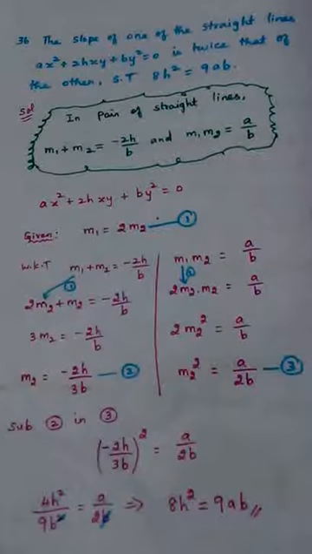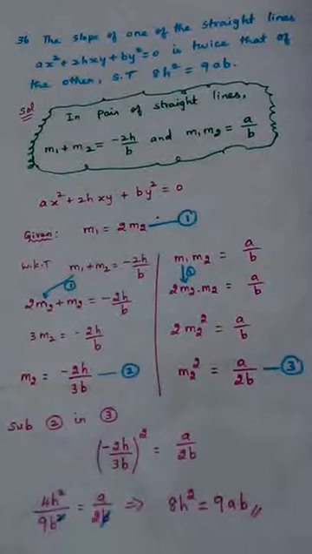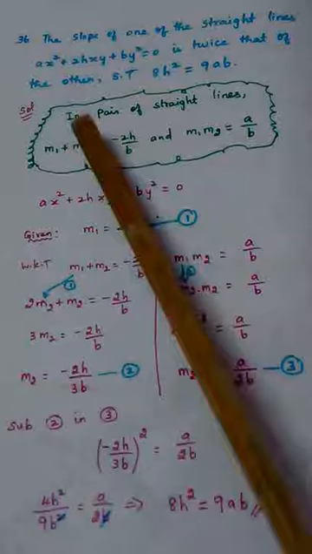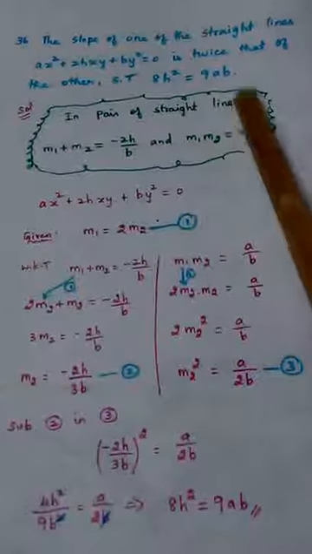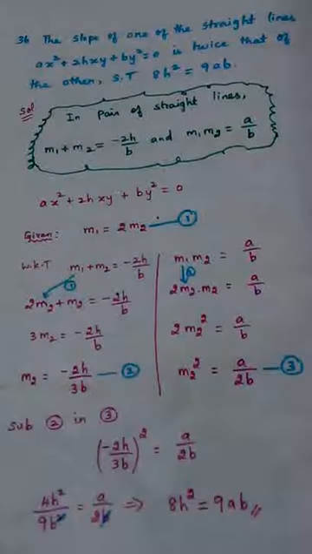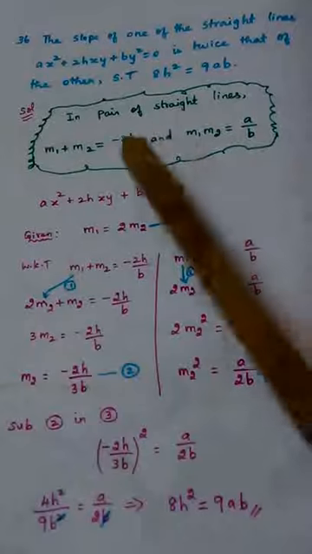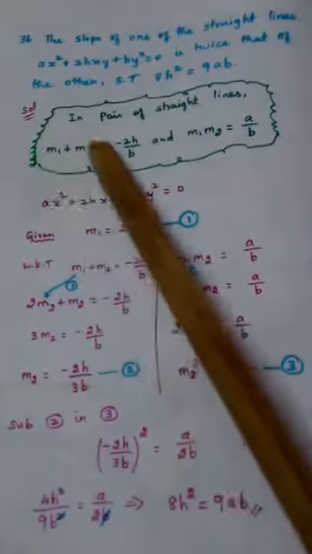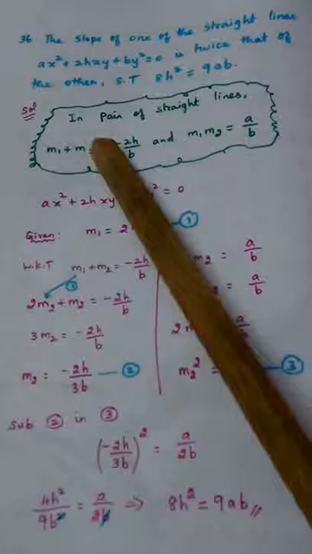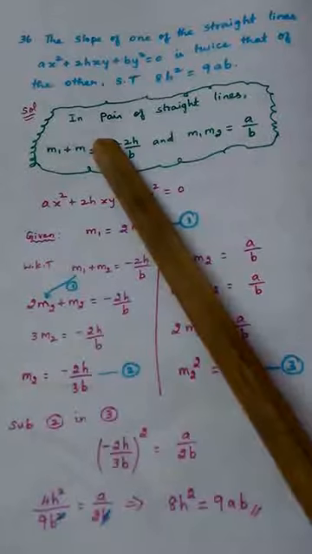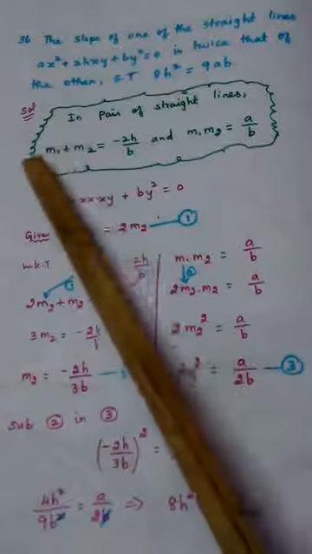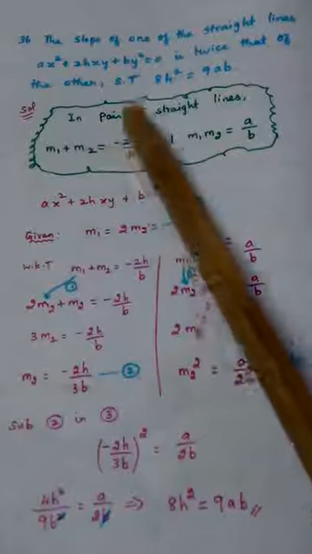Before entering into the answer of this sum, what we should know is, in a second degree equation, if it represents a pair of straight lines, then definitely there will be two slopes, because two straight lines are there. One is m1, another one is m2, and the sum of the slopes is given by the formula minus 2h by b.